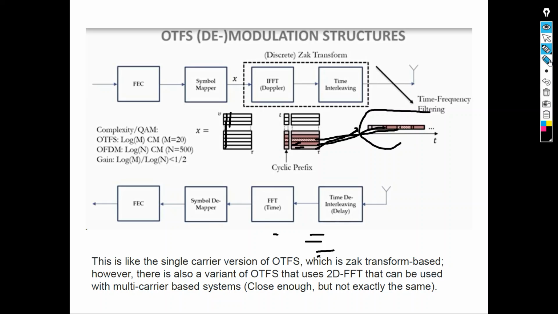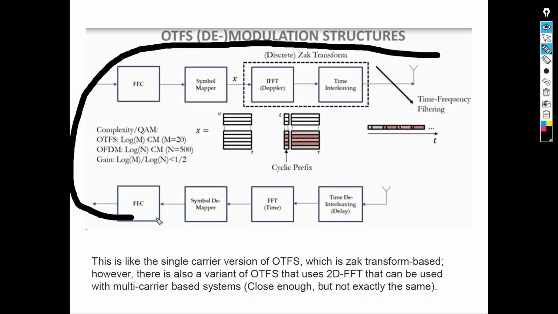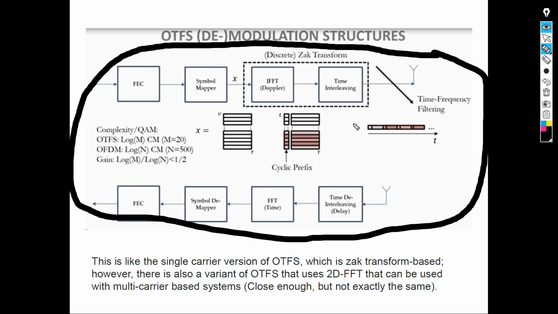This is the ZAK transform implementation, but there is another implementation that takes the 2D altogether. So let's go to the second implementation, and basically you can implement this in MATLAB. It's similar to OFDM. You can try it in MATLAB. It can maybe be a question. Just implement this in MATLAB and get a reliable bit error rate. Straightforward.